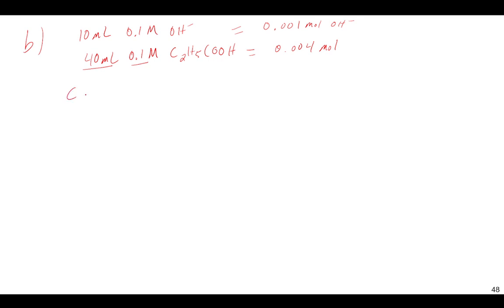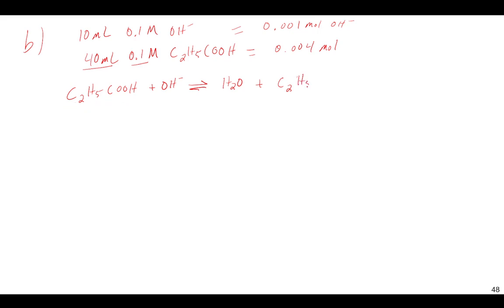And now I can worry about the reaction that's happening here, this propanoic acid now getting OH added to it. The titration has begun. Acids and bases are going to neutralize each other to make water, and the conjugate base of this weak acid I started with.